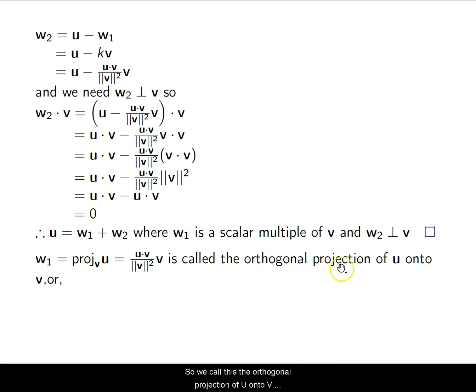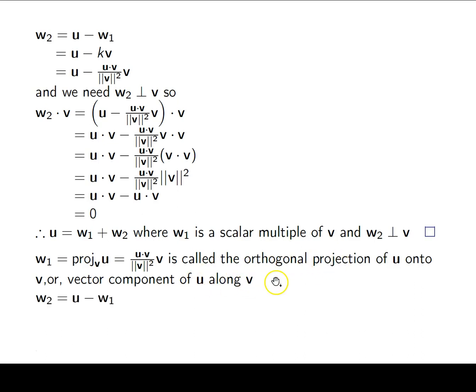We call this the orthogonal projection of u onto v because it is straight downwards. We're casting that shadow straight downwards in an orthogonal direction. We can also call this the vector component of u along v. These are analogous terms. Really just try to memorize what this means. So our W2 is u minus W1, or if we make that substitution for W1, it'll be u minus this thing.